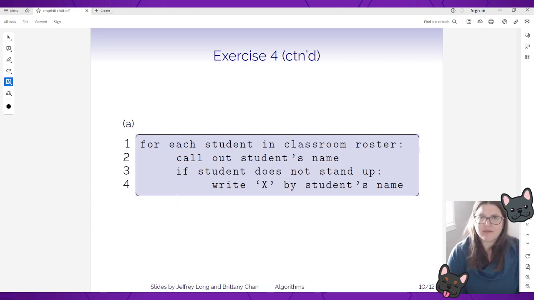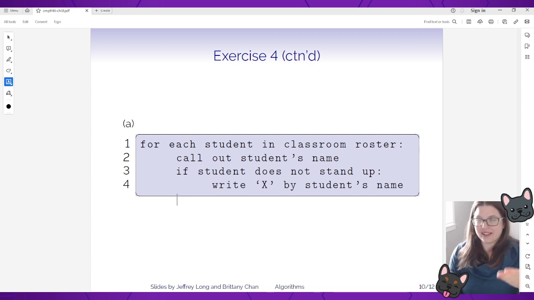So that's for sure the problem we're trying to solve here: find the absent students in the class. For inputs, well, we probably need a classroom roster, right? That's going to be the list of all of the names. We'd also need a class of students. Otherwise, you'll be just like me sitting in your office and reading lists of names out into the abyss, and hopefully somebody on the YouTube machine is watching this, right?